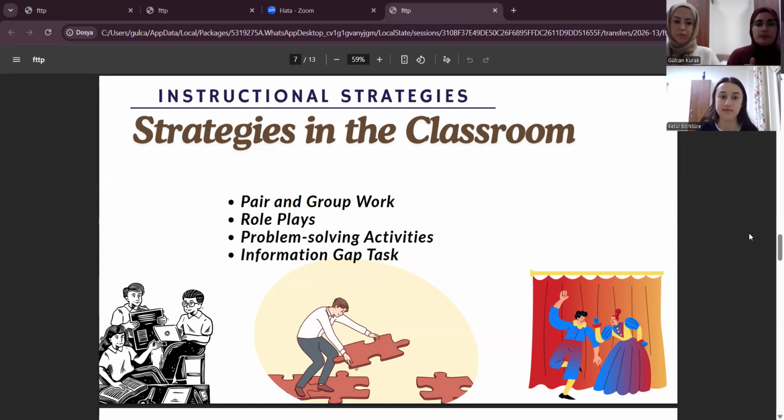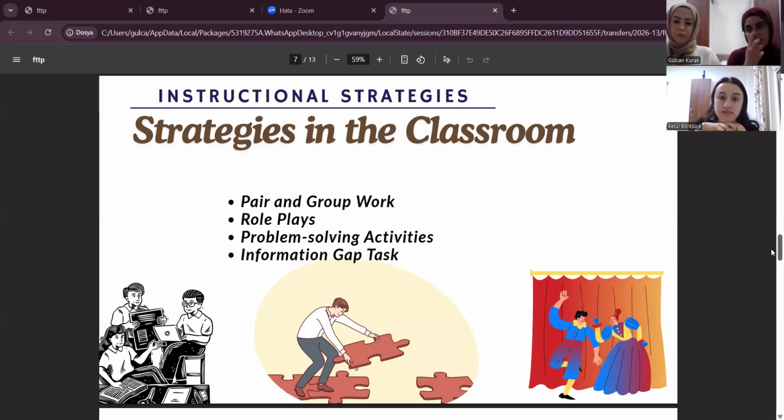While doing that, these strategies support students in working in their ZPD because they use this with each other and try to solve, for example, a problem, or they role play their knowledge so that they can become better in using languages. Now we have learned methodology and instructional strategies.